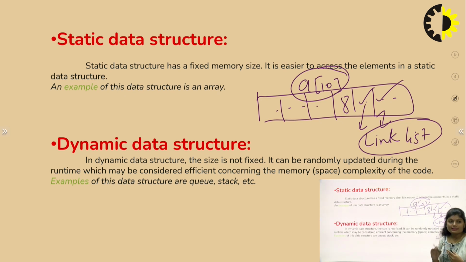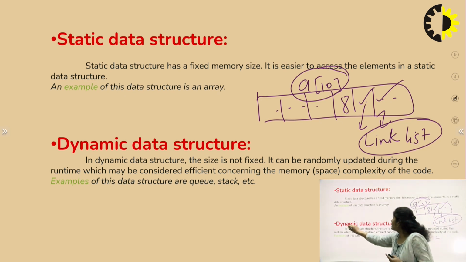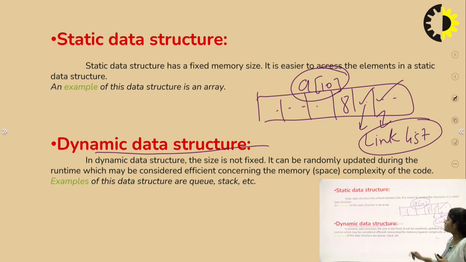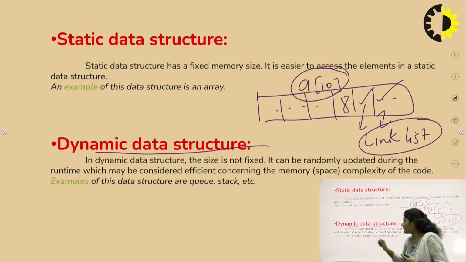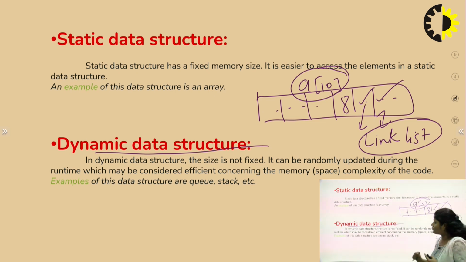So what is a dynamic data structure? In a dynamic data structure, the size is not fixed. You give the size according to your choice. At runtime it can be updated randomly, which may be considered efficient with respect to the memory space complexity of the code. I give you one example of a dynamic data structure.